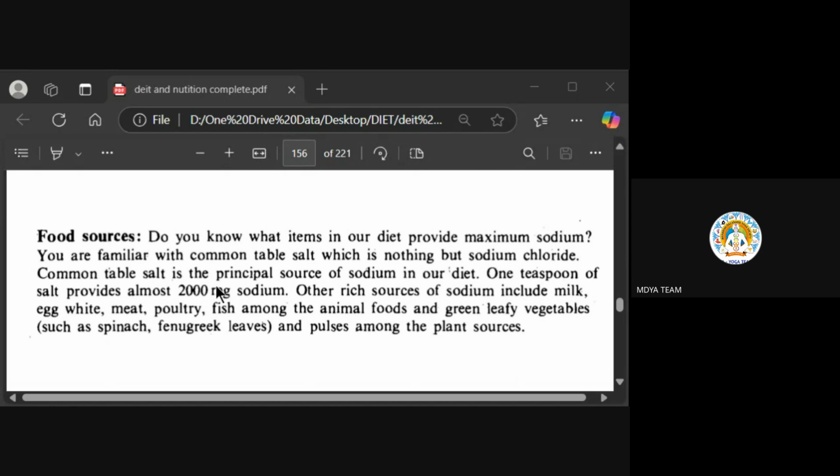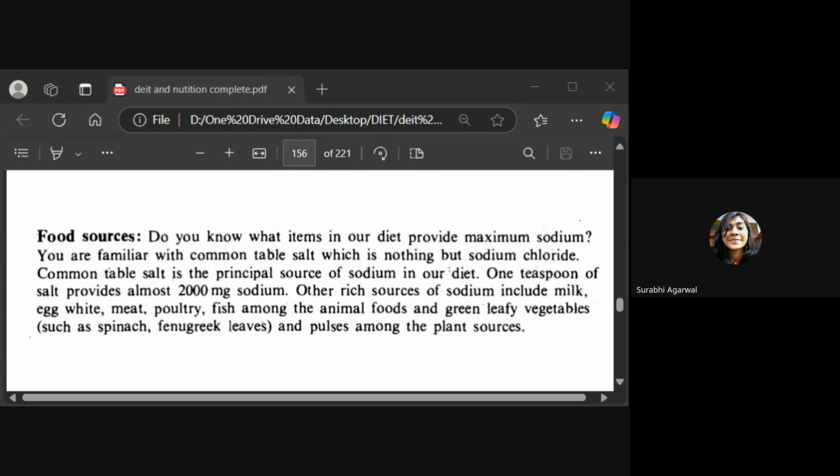Okay, so the next mineral is potassium. Potassium is also one of the most abundant minerals present in our body, just like sodium. It also regulates the body fluid.